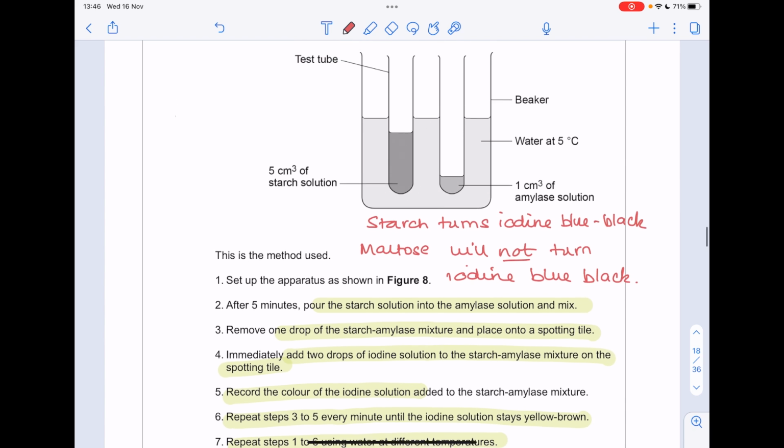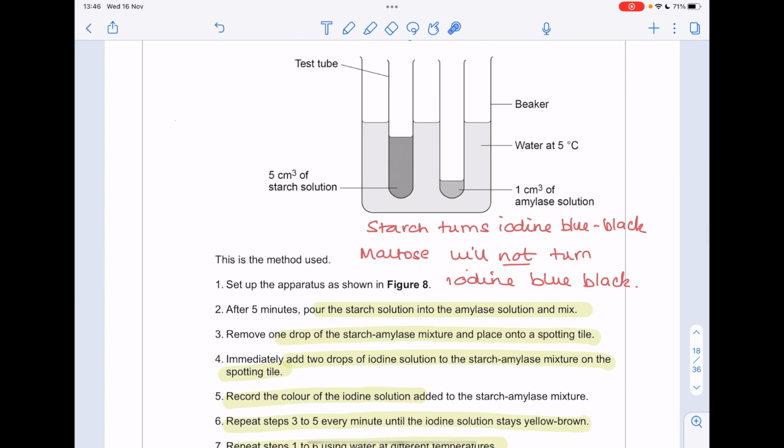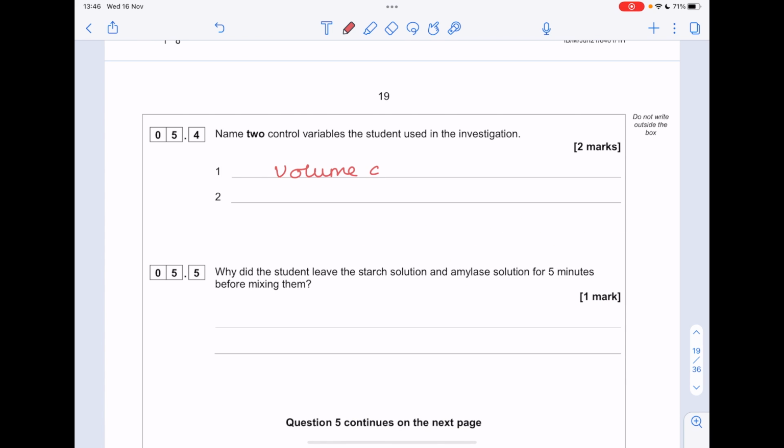So what did they keep the same? The volume of starch solution and the volume of amylase solution. You could have also said the volume of iodine added.